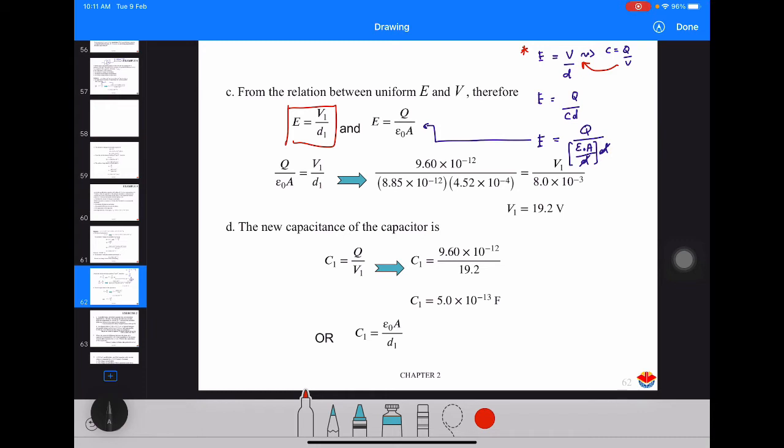And then the C from this chapter is basically equal to epsilon naught A over D. Substitute C over there. Cancel out the D, I'm left with Q over epsilon naught A, which is this one.